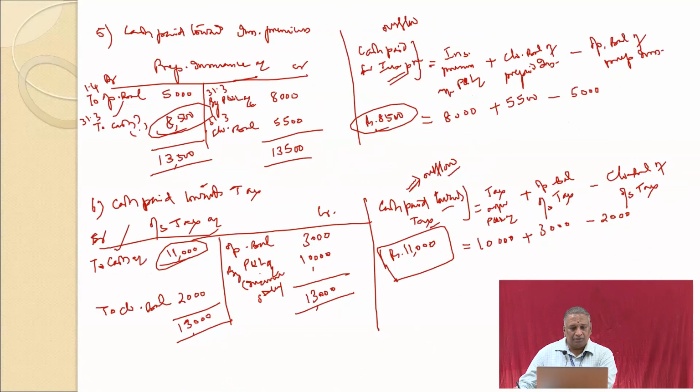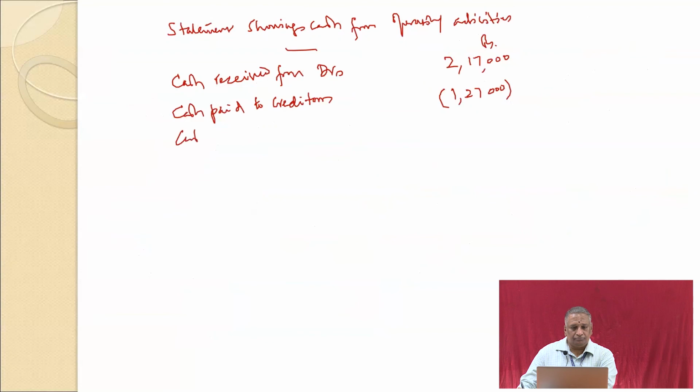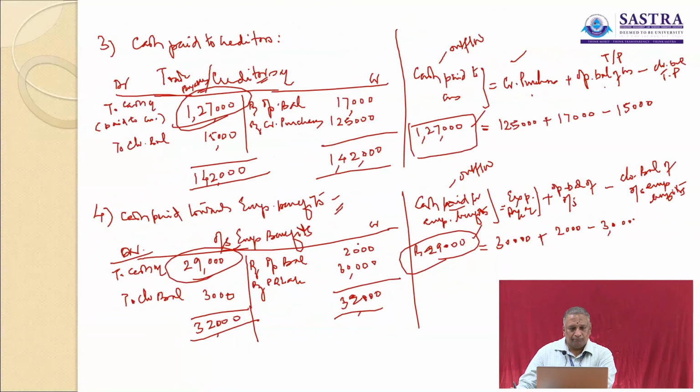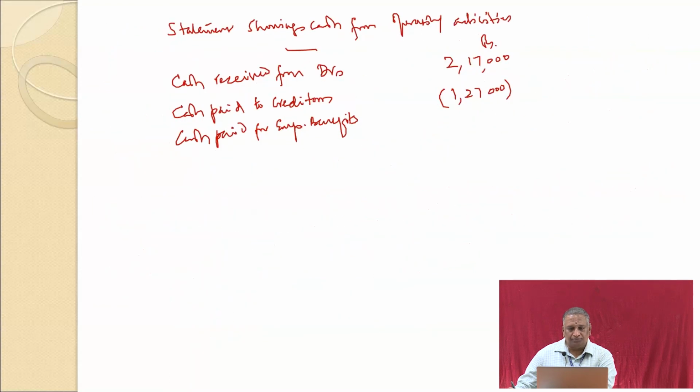Then cash paid towards employee benefits. Sorry, it is 29,000. Cash paid towards employee benefits is 29,000.